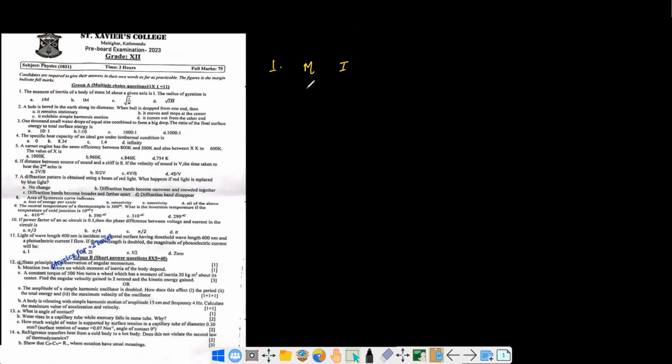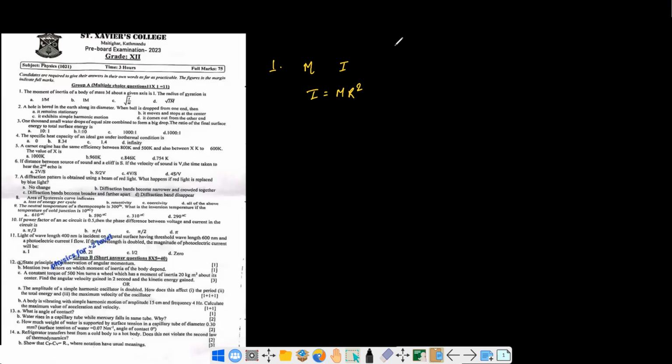We know that moment of inertia I always equals m r square for the particular axis passing through the given orientation.